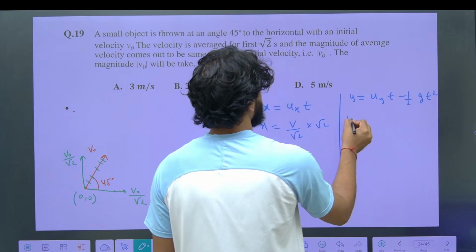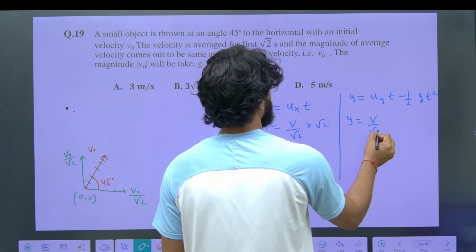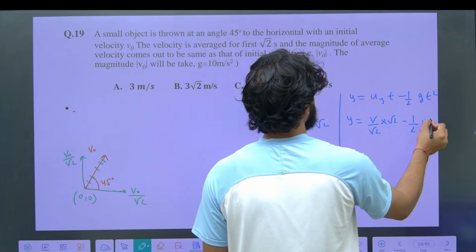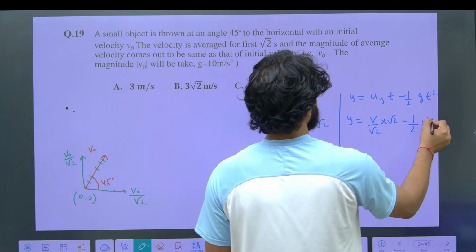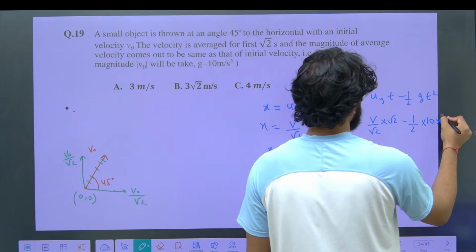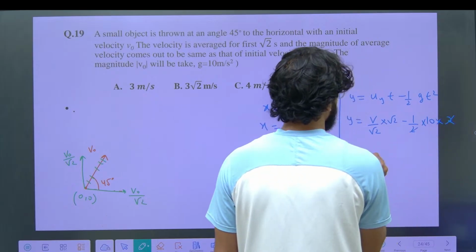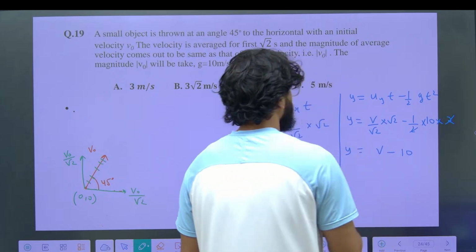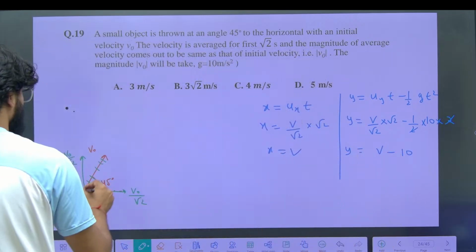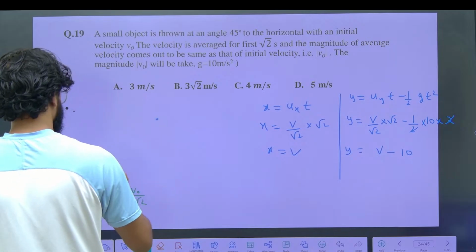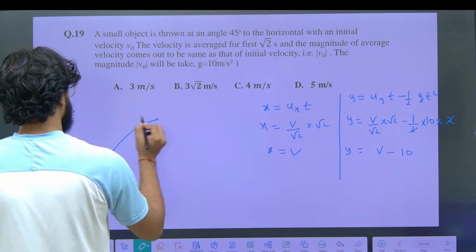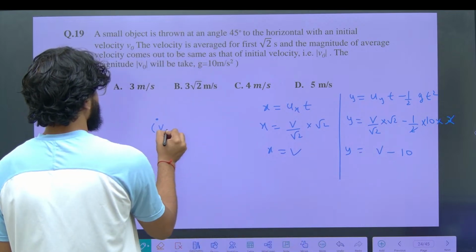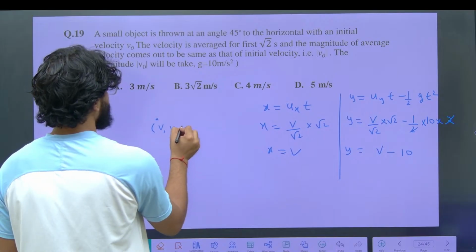So y will be v by root 2 into root 2 minus half into g, which they are taking as 10, into root 2 square, that is 2. So the answer is coming out as v minus 10. Okay, so these are the coordinates after root 2 seconds: v comma v minus 10.